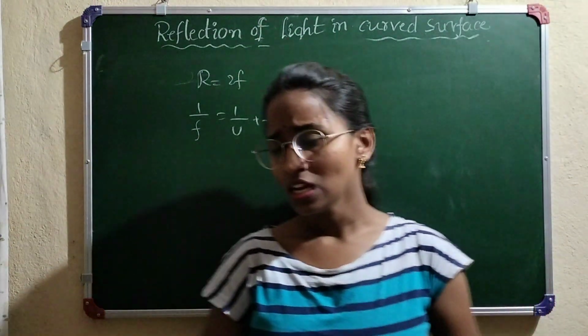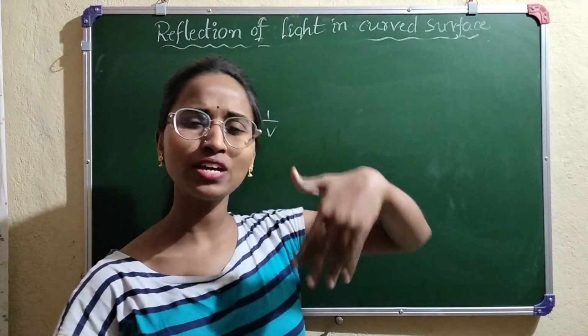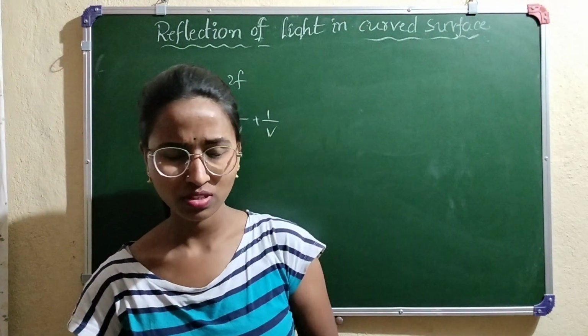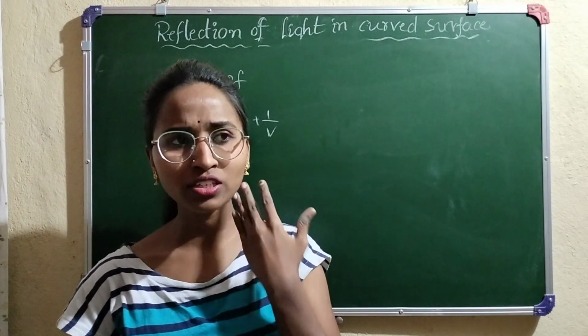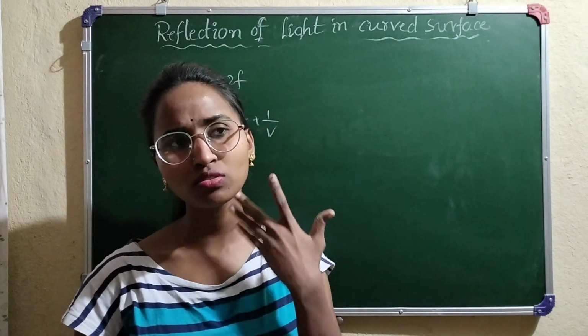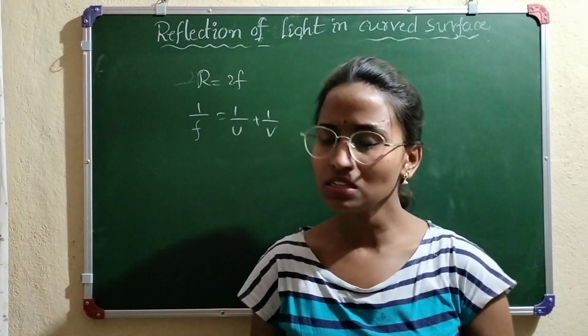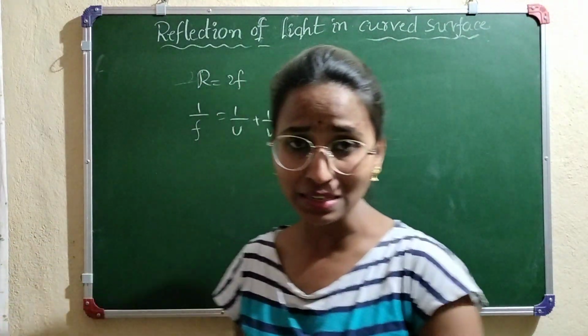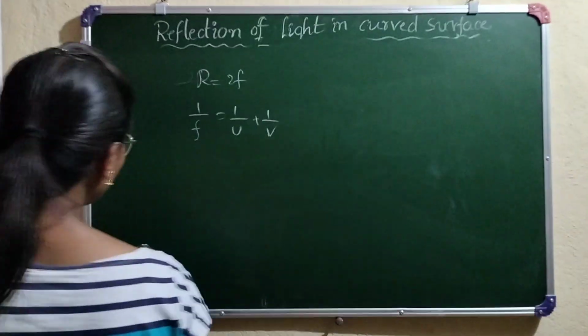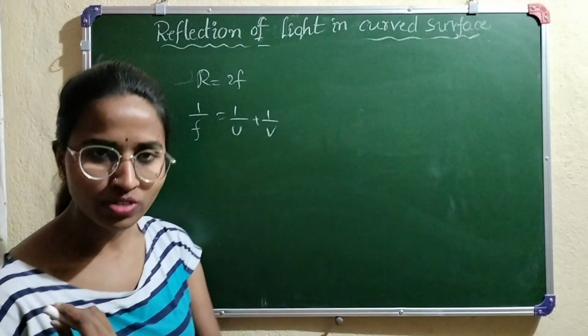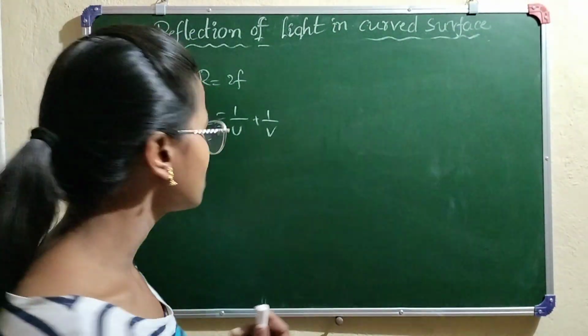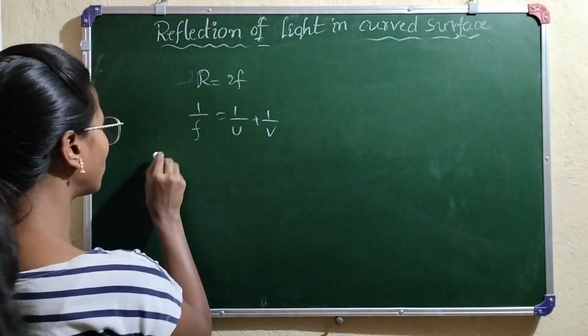So we'll see. Based on this we have to do some problems. My intention is that it is better to solve the problem after learning about magnification, but before that, just as an example, I will tell you here. I am keeping an object at a distance of 8 centimeters from a concave mirror.